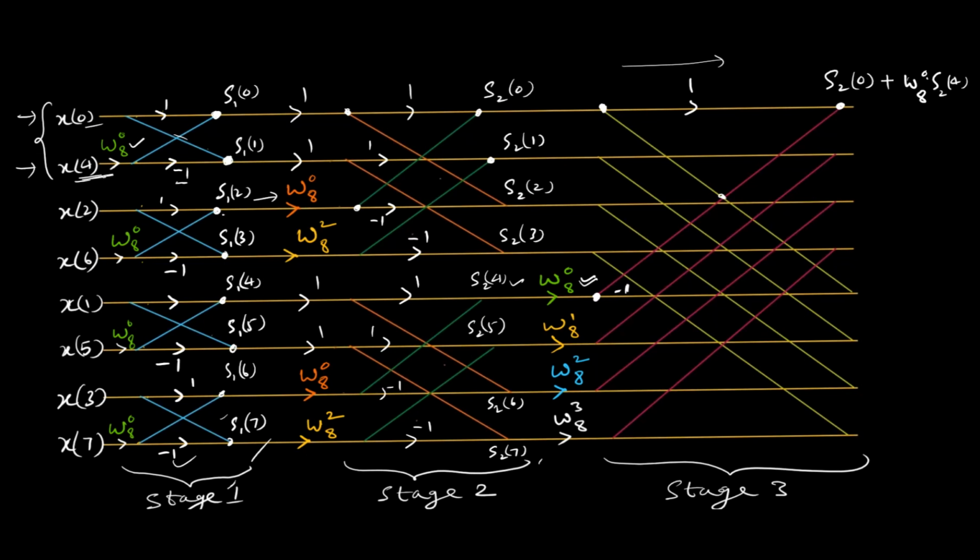In a similar way on this point we'll have S2 0 minus W80 S2 4, the inputs will remain the same. Similarly we can calculate all the other values. Let us call this equation x0. So the next values automatically will become x1, x2, x3, x4, x5, x6 and x7.